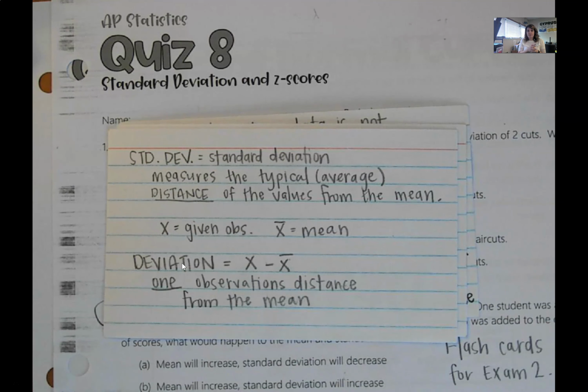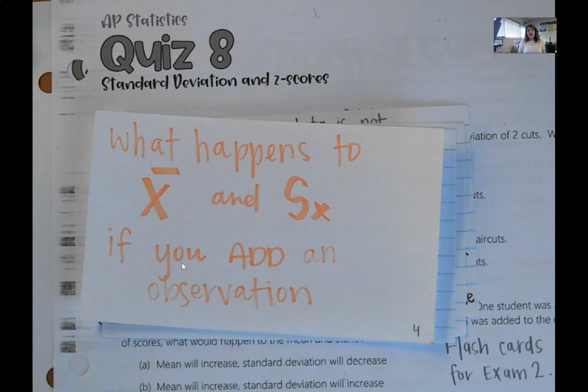Deviation is specific to one data value. That is going to help us determine what happens to our mean and our standard deviation if we add a value. So we need to look at the new value in relation to the mean, and in relation to the standard deviation.